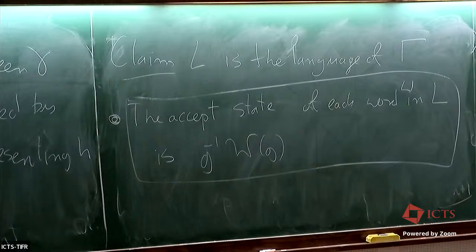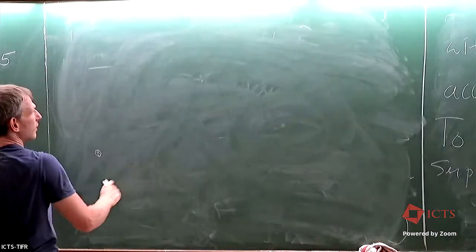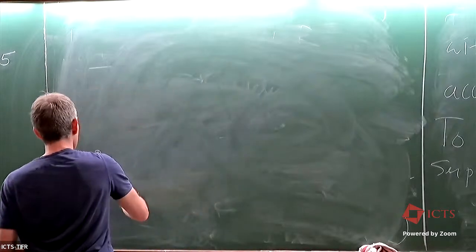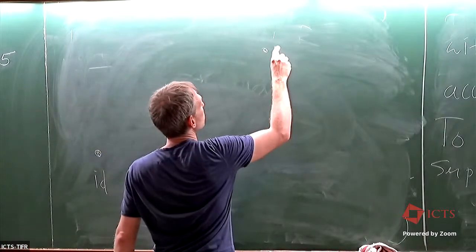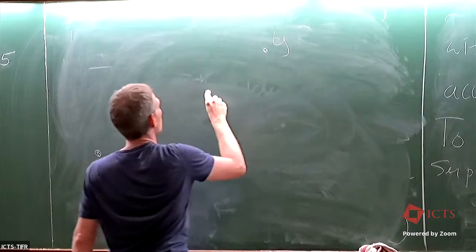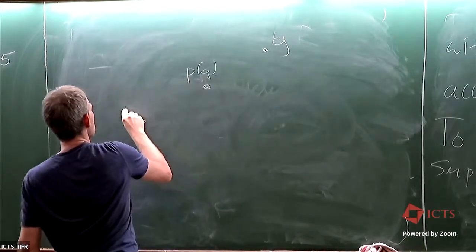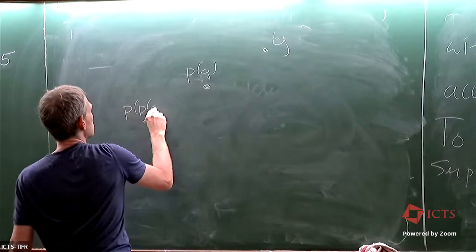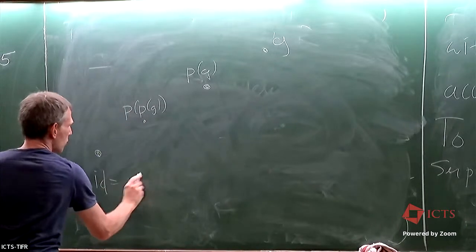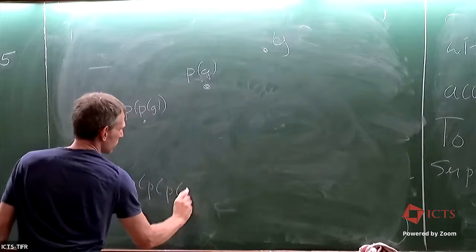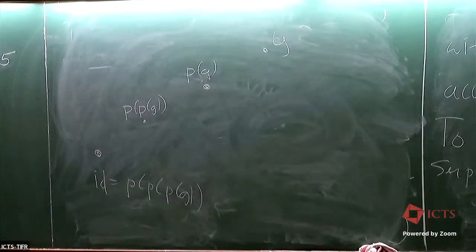So the automaton needs to produce all those arbitrarily long paths that satisfy the property that we are going from identity to G, going through those voracious projections. This is P of P of P of G. And the states the automaton will go through are exactly the following states.